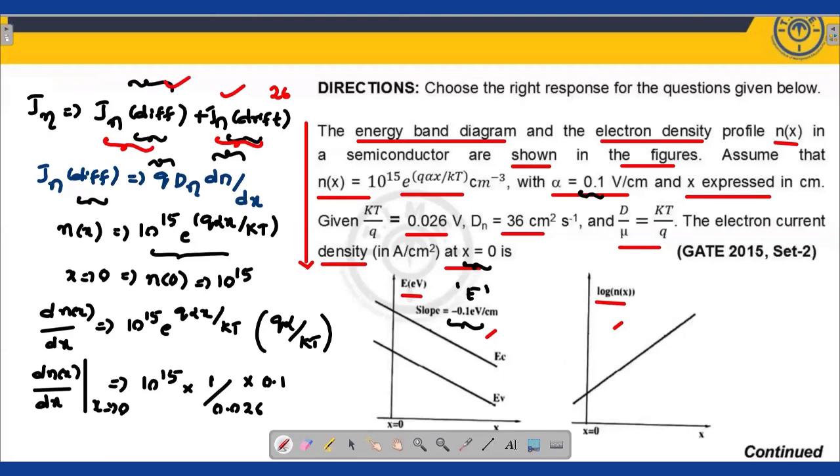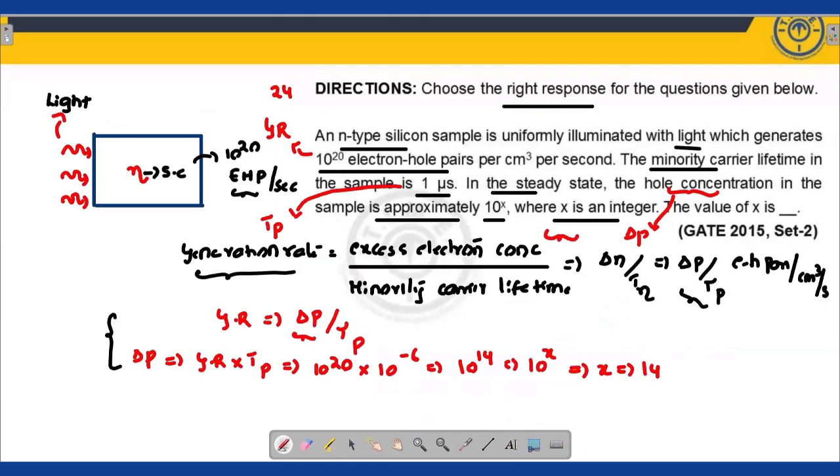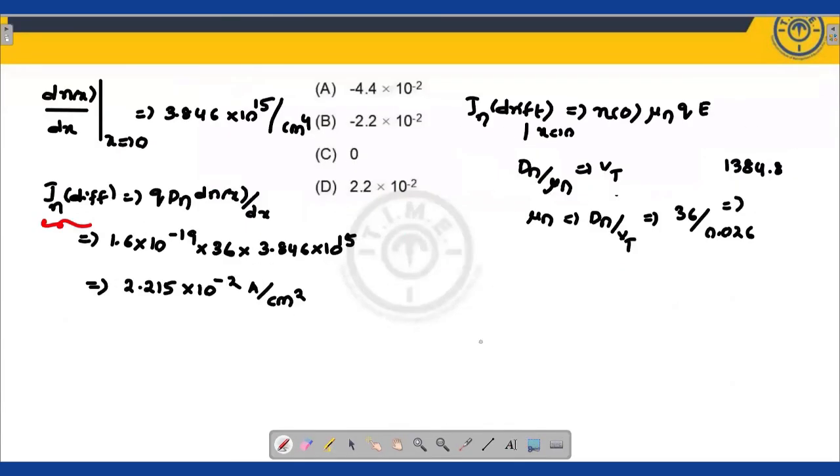So already you are getting the mu n value. In the previous case also, you got it, my dear friends. Very important here. This is the value you are going to get over here.